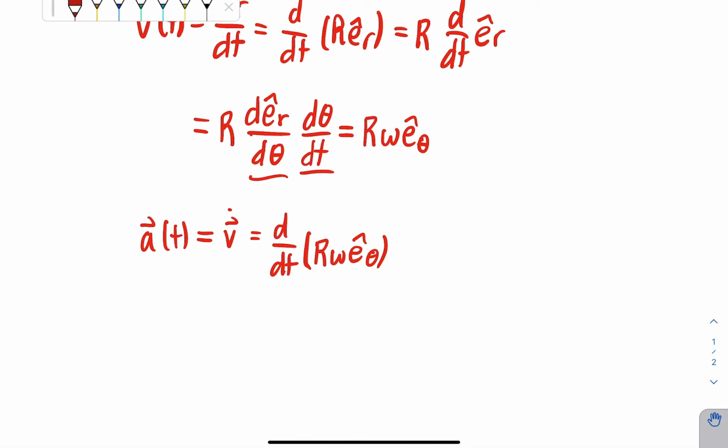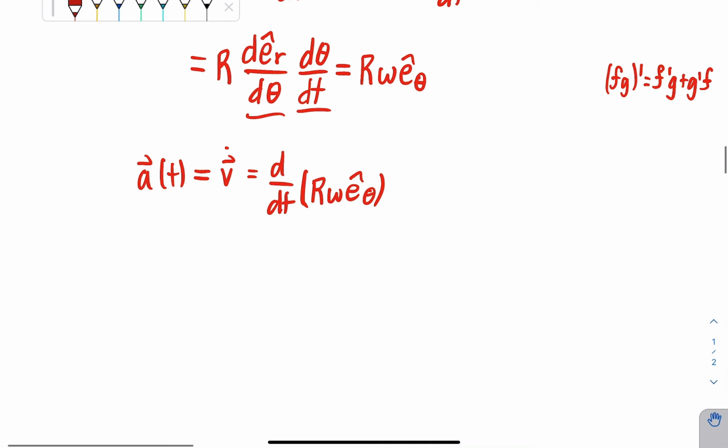Okay, now unfortunately we're going to need to take the derivative of everything here, which means that we need to apply the product rule. If you remember the product rule, it says that if I have two functions, f, g, and I want to take the derivative of that, then I need to do f prime g plus g prime f. And we can continue, and you see here we actually have three things we want to take the derivative of. So we are going to need to go through all of those permutations.